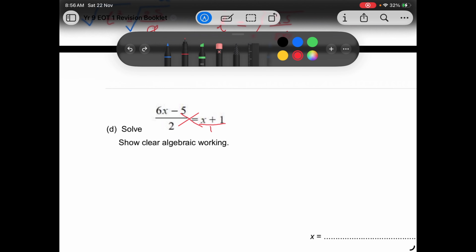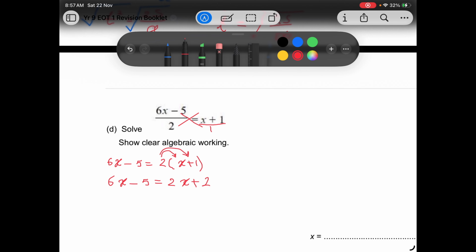So I can multiply 6x minus 5 by 1 first, so it remains the same, unchangeable because 1 is the identity, it doesn't affect. Times 2, you can write like this, 2, then x plus what? X plus 1, indeed. Then we can expand the left side here, so it will be 6x minus 5 equals 2x plus 2.